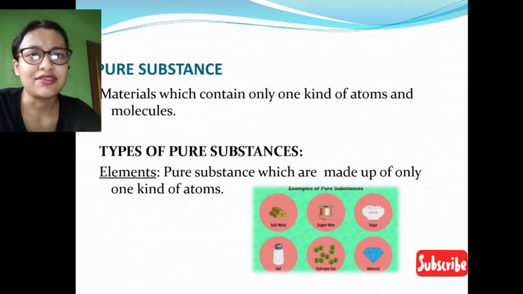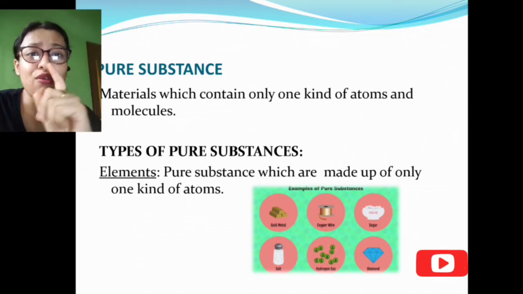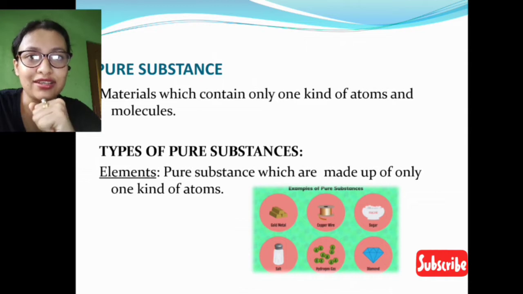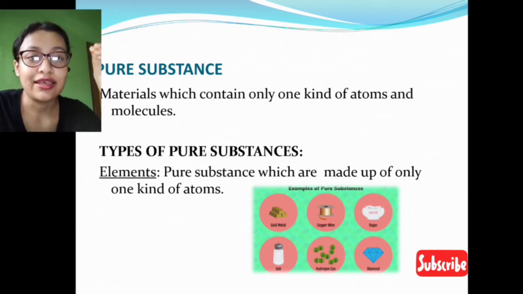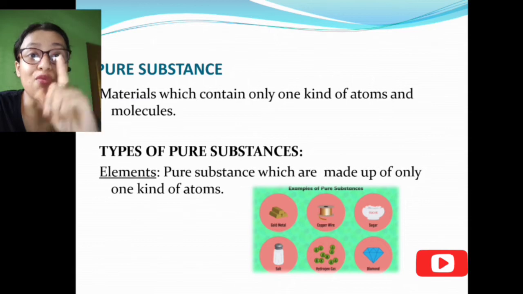So what is a pure substance? The materials which contain only one kind of atom or molecule are known as pure substances. And you see there are two types of pure substance. One is the element. So what are elements? An element is a pure substance that is made up of only one kind of atom.